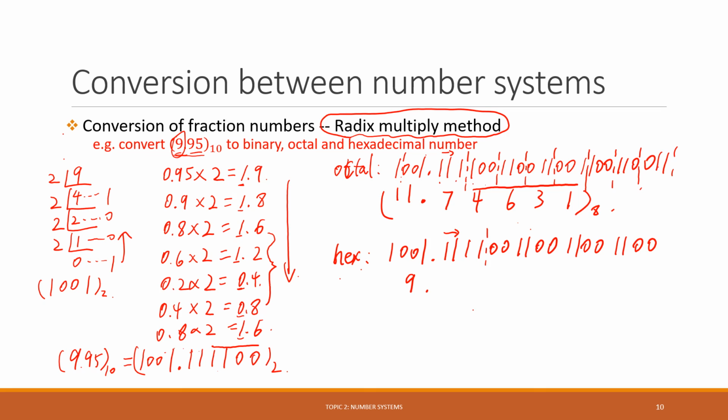So cut here, cut here. We got 1111, which is F. 0011, we got 3. 0011, we got 3. So we already found, right? 3 will repeat itself forever. So the hexadecimal representation will be 9.F3, and 3 will repeat.